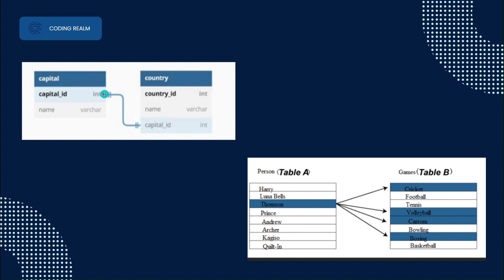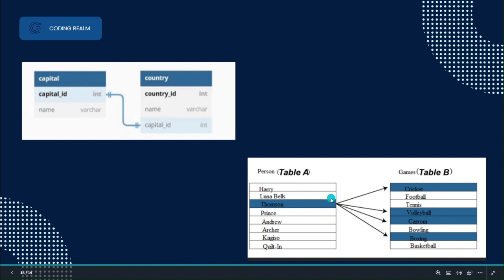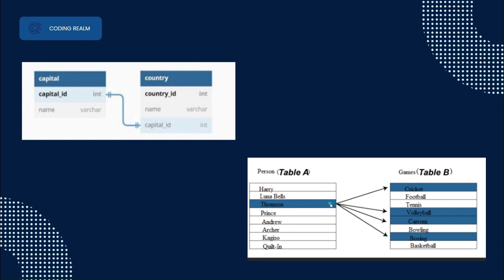But in the second example, with table A and table B, it's one-to-many, because one row in table A is related to many rows in table B. This is the difference between these relationships.